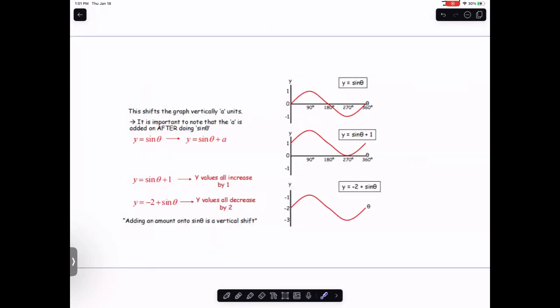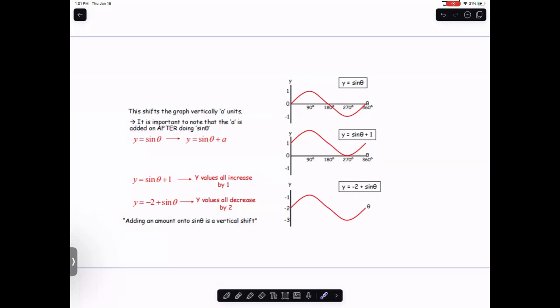Now we'll be looking at adding a value to your theta. So we have, for example, y equals sine theta plus a. This is our sine graph. We are adding 1 to theta in this. So that means if our y is sine 90, we are saying y is sine 90 plus 1.